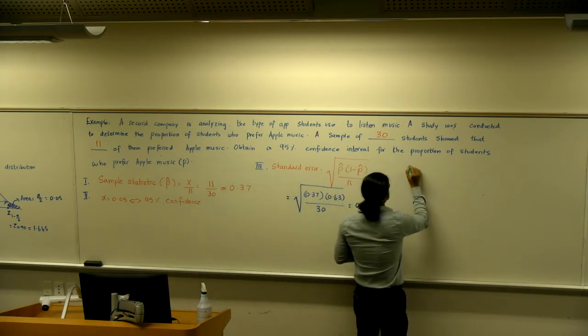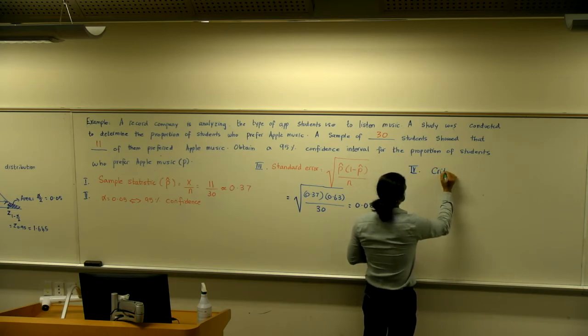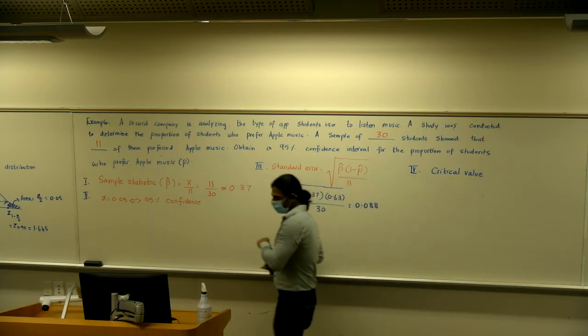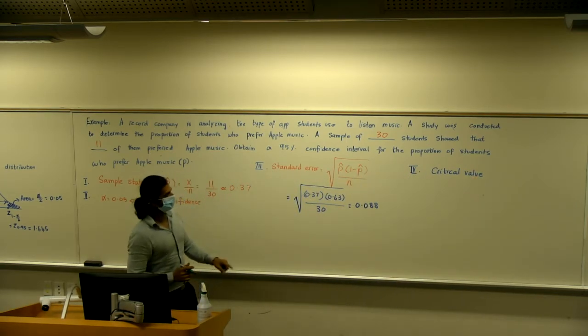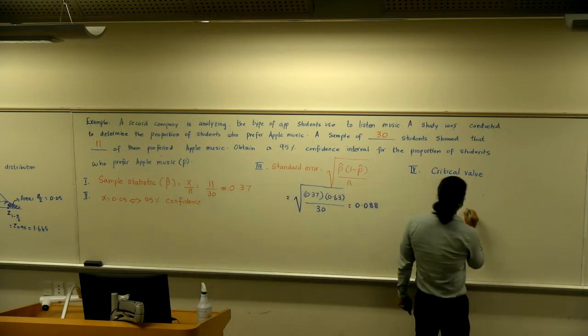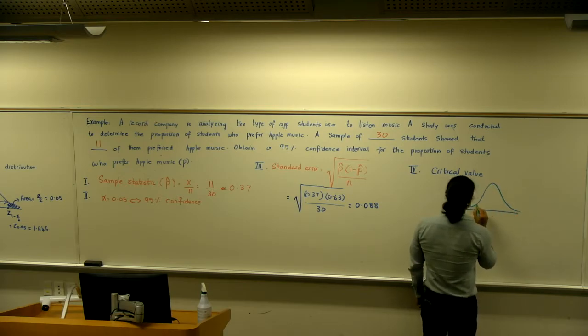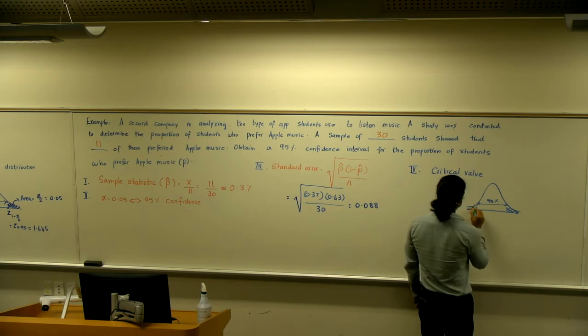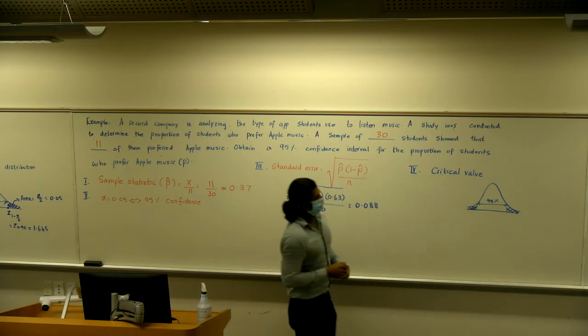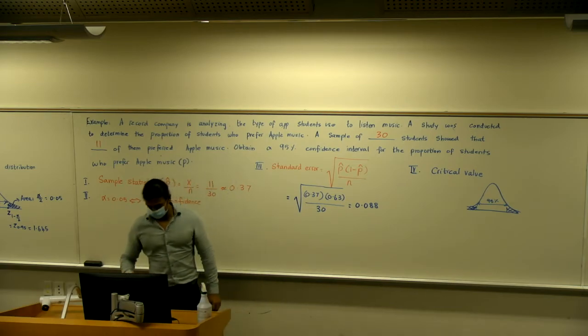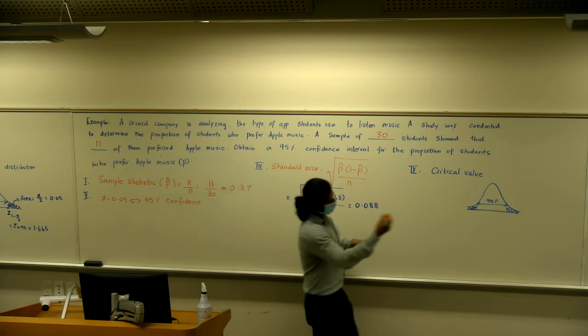Reducing one step. The critical value is obtained using a standard normal distribution. So if we are looking at 95% confidence, what is the area on either side? 2.5%.